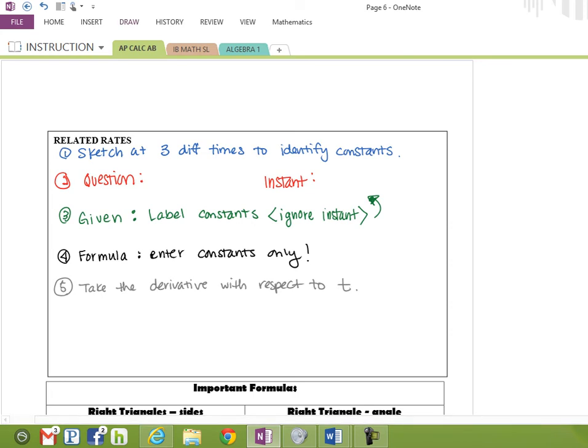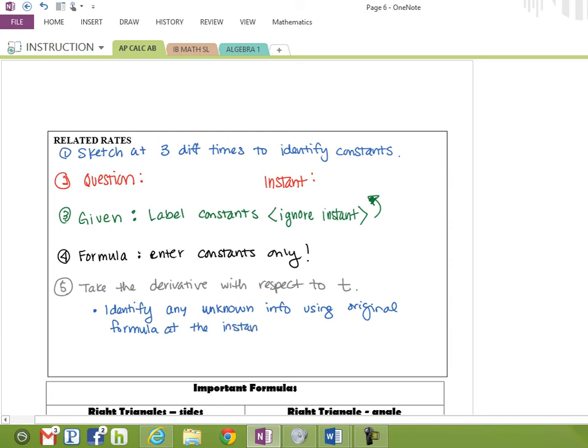And once we did that, we then had to, blue again, identify any unknown info using the original formula at the instant.